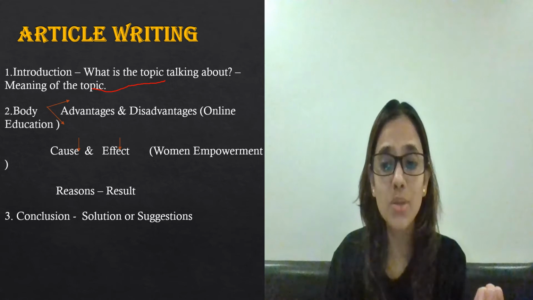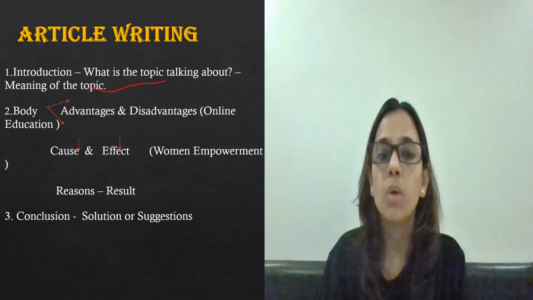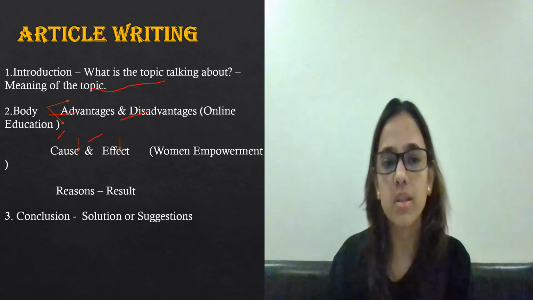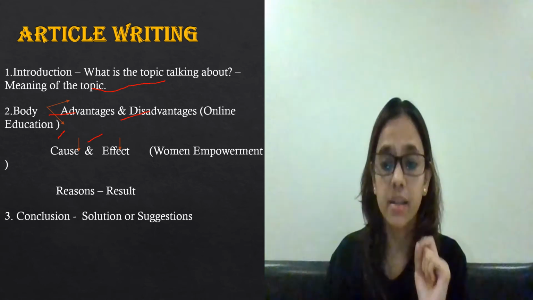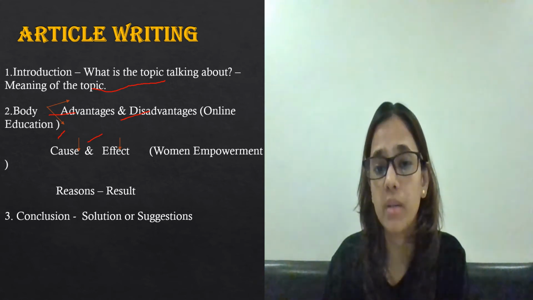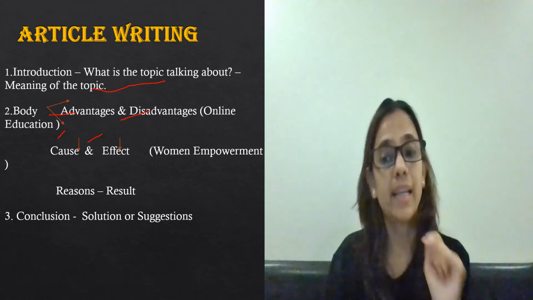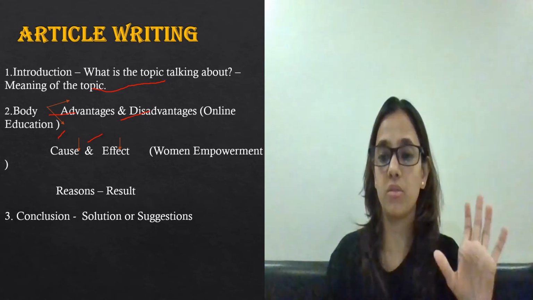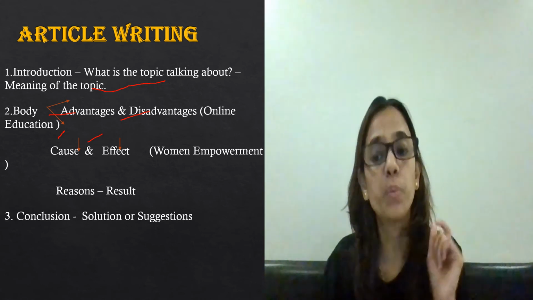So as soon as you get the question, first you should identify which category it is falling into, whether it is advantages and disadvantages, or cause and effect. Now for example, women empowerment does not have anything called advantages or disadvantages. It will fall into what? Cause and effect. Like what are the causes of women empowerment and what is the effect of it. So you need to understand which topic falls into which category.